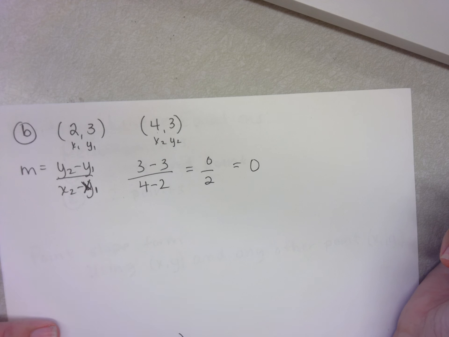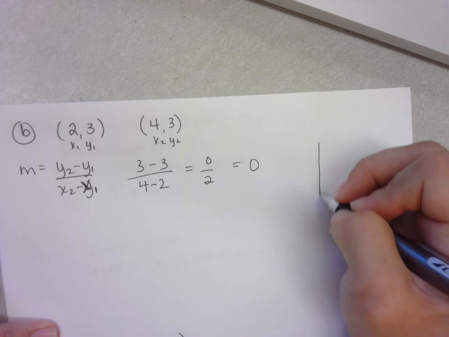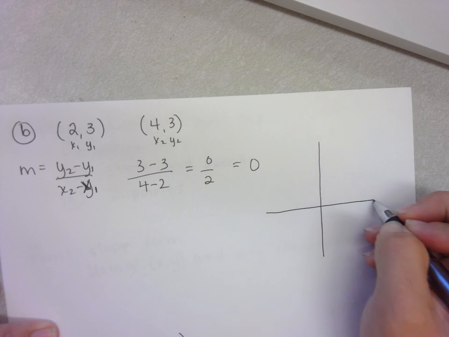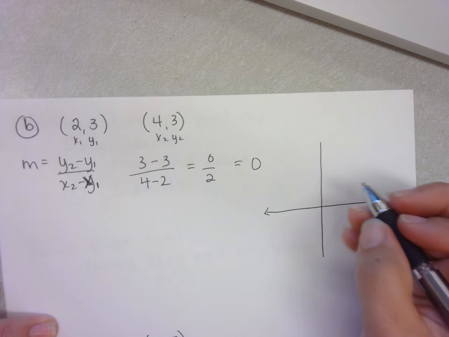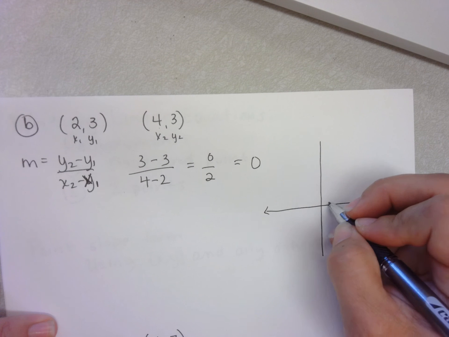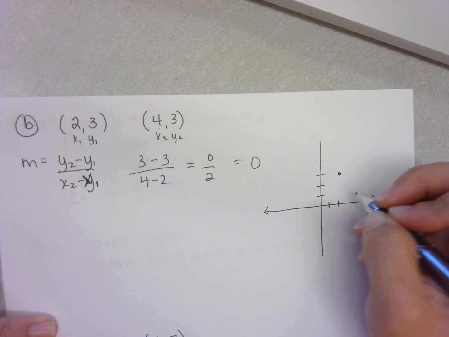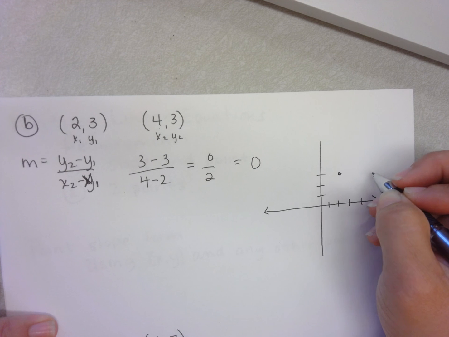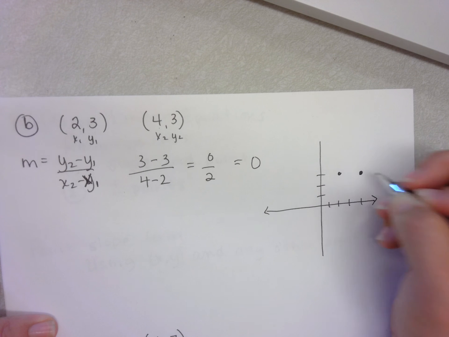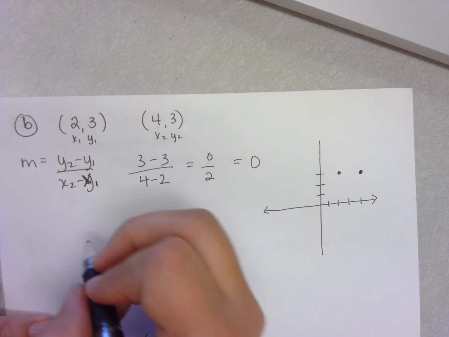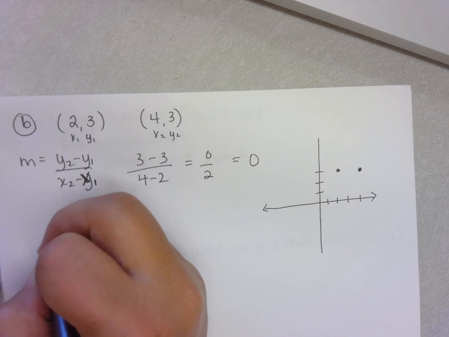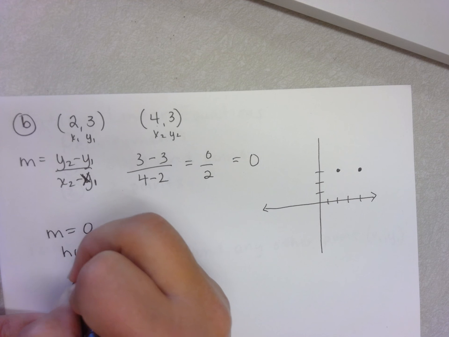All right, this is a special kind of line. That's why I put this in here. If I wanted to plot these points, then I would have the point 2, 3 here, and also 4, 3 here. So a line with 0 slope is horizontal, right?